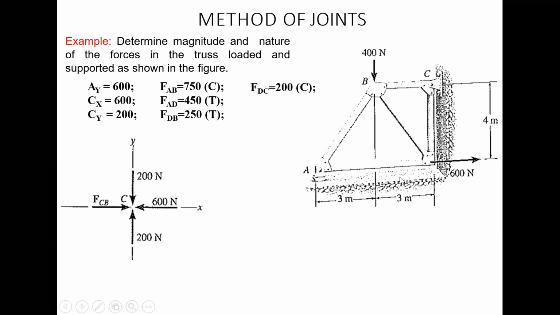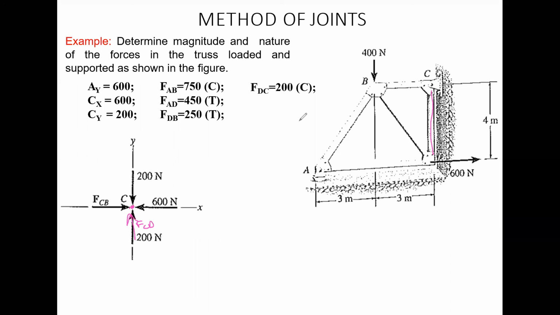C means compression. Now draw the FBD of point C, and you will get this FBD. So force along the link CD, this is the force along the link CD. FCD is equal to 200 Newton, and in the previous figure the direction of FCD was vertically downward. So in this FBD of C, we are taking the direction of FCD as vertically upward, right?